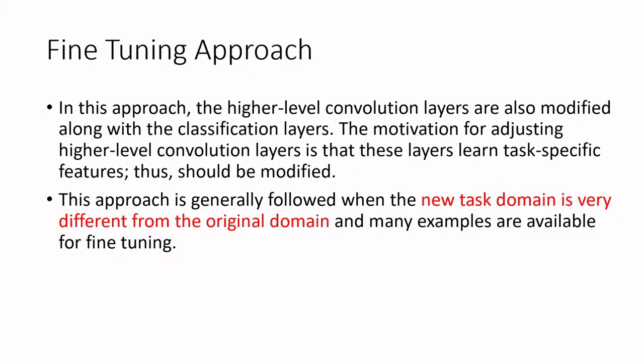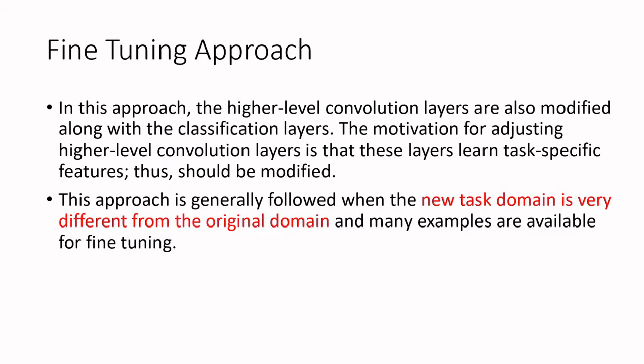So in a sense, you take an existing trained network, modify the output layer for your given application, and then perform a little bit of fine tuning on this entire network so that this network is able to perform well for your given problem.